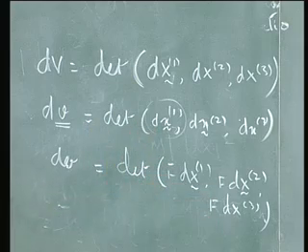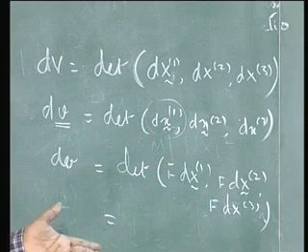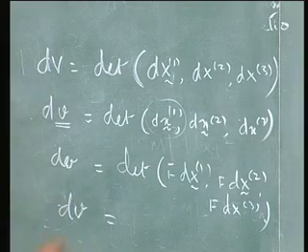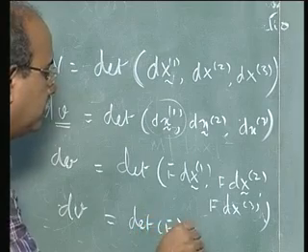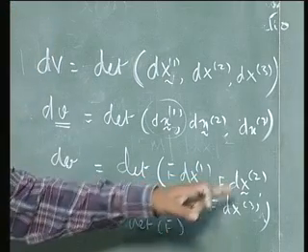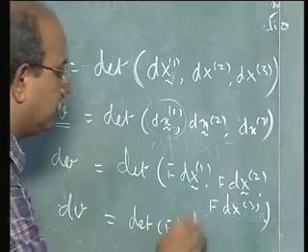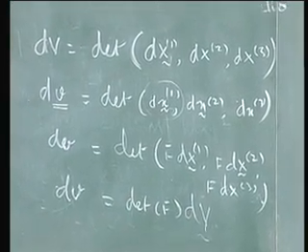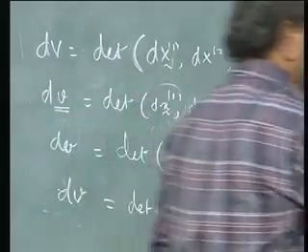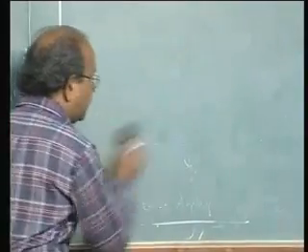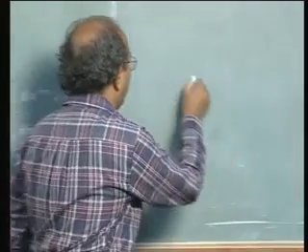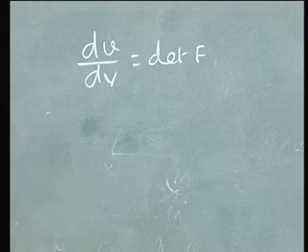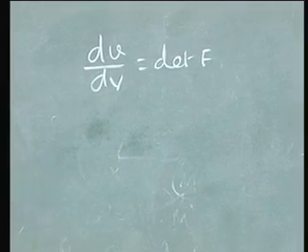So using the concept that the determinant of a b is the determinant of a into the determinant of b, I can write that down as the determinant of F into the determinant of dX1, dX2, dX3, which is equal to dV. So we come to a very important relationship, which states that dv by dV, the ratio of the volumes at a point, is given by the determinant of the deformation gradient at that point.